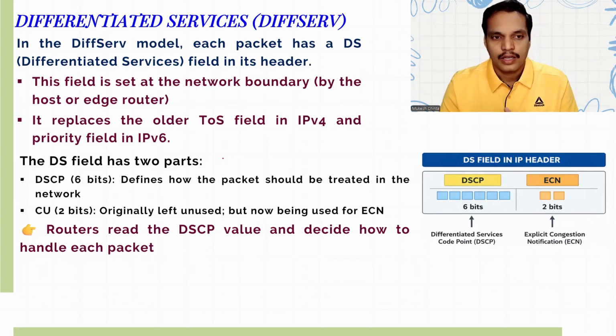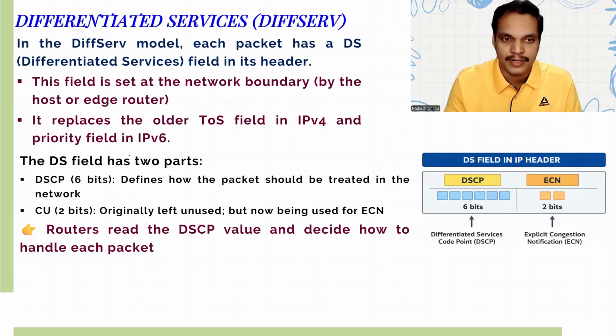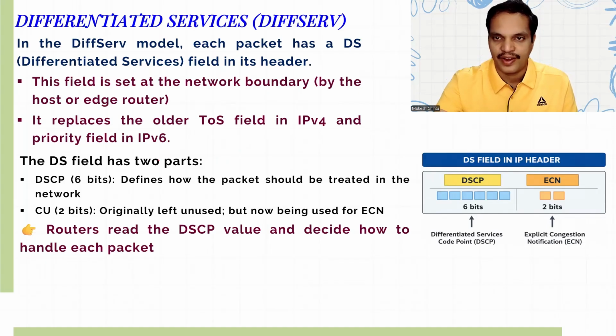The first part is called the DSCP or differentiated services code point, which consists of 6 bits in length. It actually defines how the packet should be treated in the network. The other part is the CU bit. This was originally left unused, but in the latest versions, these 2 bits are actually used for explicit congestion notification, and this is used for congestion control.